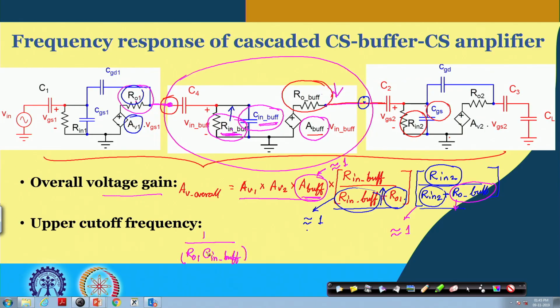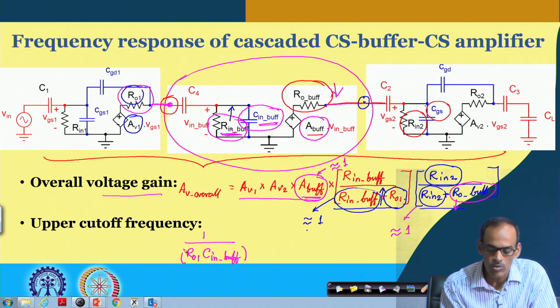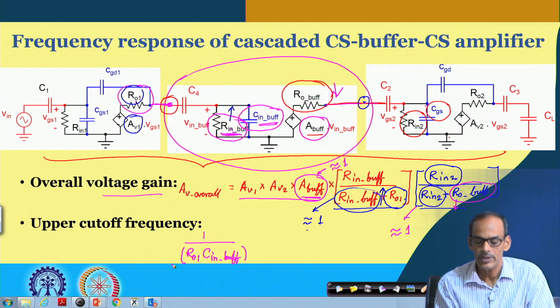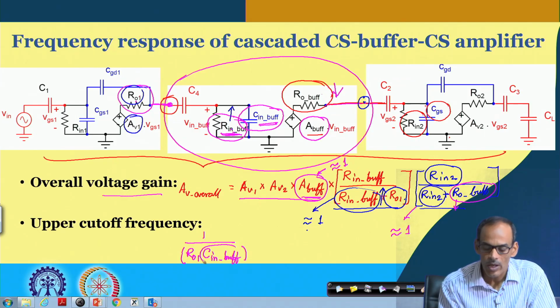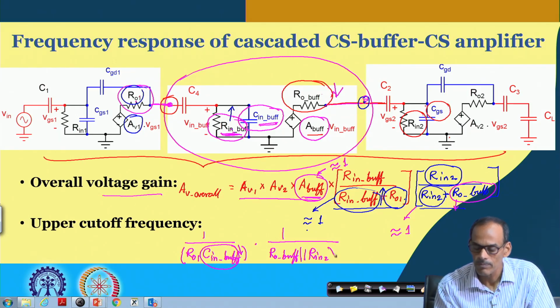To make this pole very high, so that the overall upper cutoff frequency does not get disturbed by this cascading, we have to make this part as small as possible. Likewise, if I consider this node, the cutoff frequency there is defined by R O buffer in parallel with R in 2, and then we have the corresponding C in of the second stage.